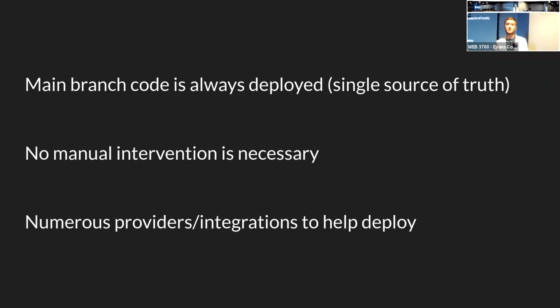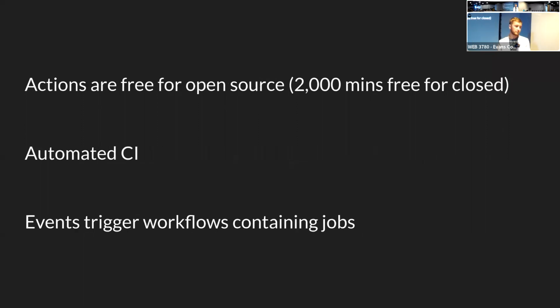You just push code, and as soon as it's merged, it gets deployed. And there are numerous providers and integrations to help you do this through GitHub. GitHub Actions are free for open source, and you get 2,000 minutes even in a closed source repo. It lets you do automated CI, and you can hook into other things to do your CD, continuous deployment.